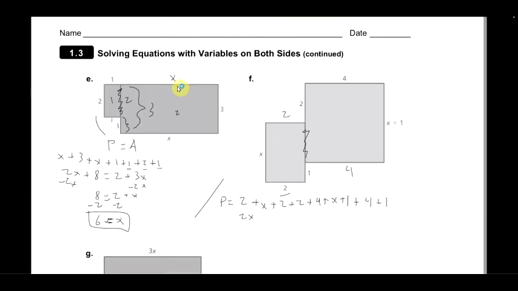Let's count our numbers. We have 2 plus 2 is 4. Another 2 is 6. Plus another 4 is 10. 11. 11 plus 4 is 15. Plus one more will be 16. All right, so our perimeter equals 2x plus 16.